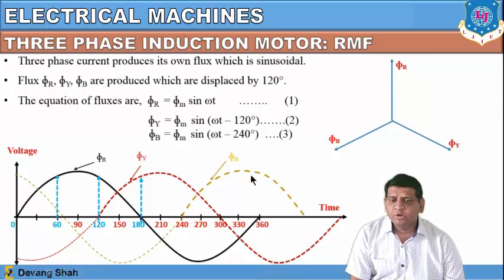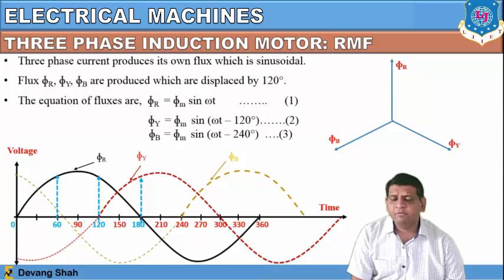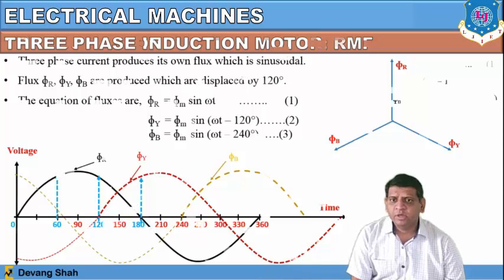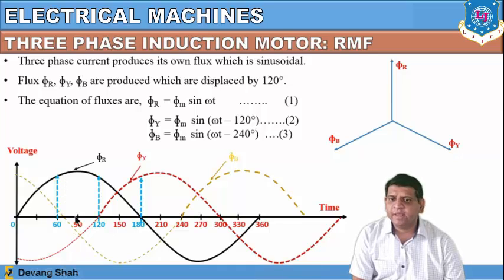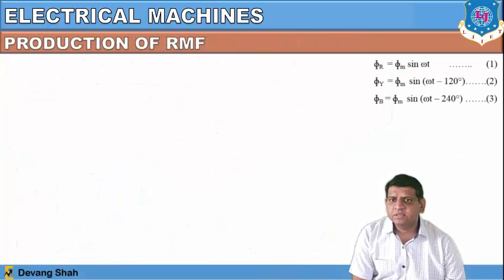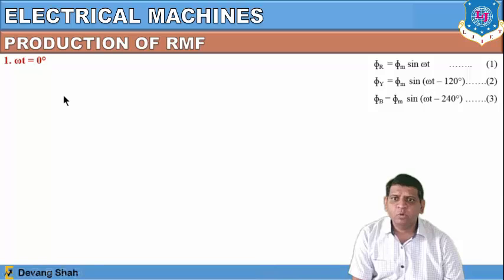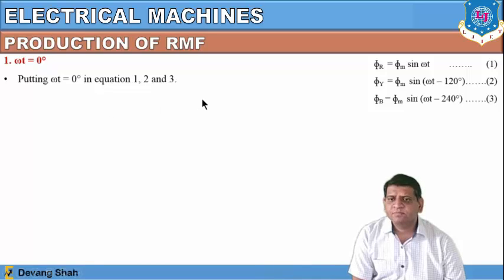Now, if we find the magnetic flux movement in this three-phase induction motor, we can take four instants: at angle 0, at 60, at 120 and finally at 180. Let us take omega t equal to 0, where the flux vector starts at angle 0.